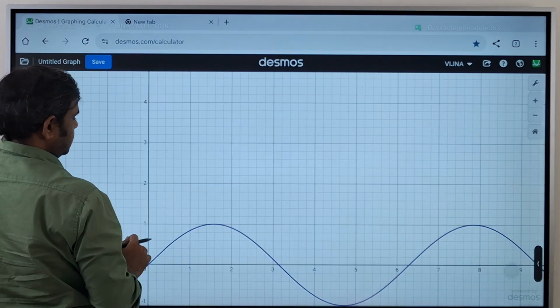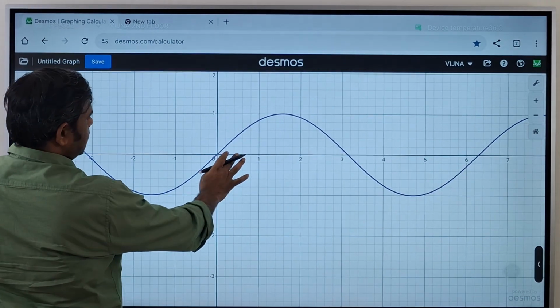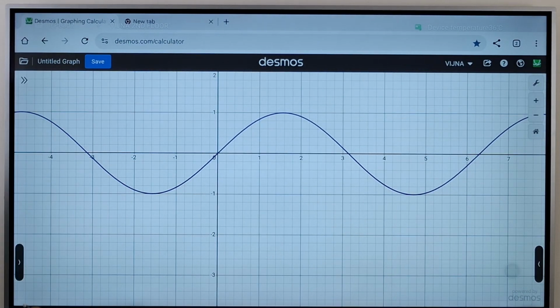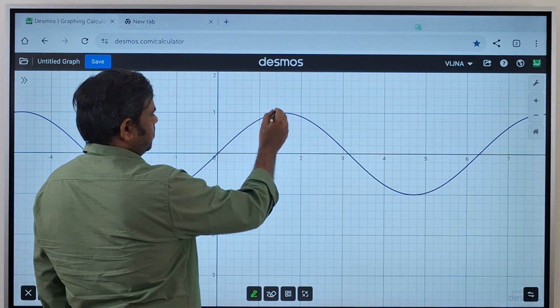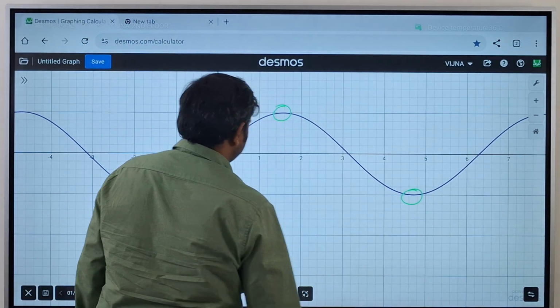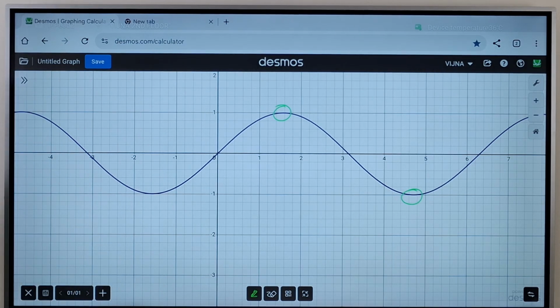Look at this sine x graph. The limits of sin x are +1 and -1. Sin x becomes maximum at +1, minimum at -1.